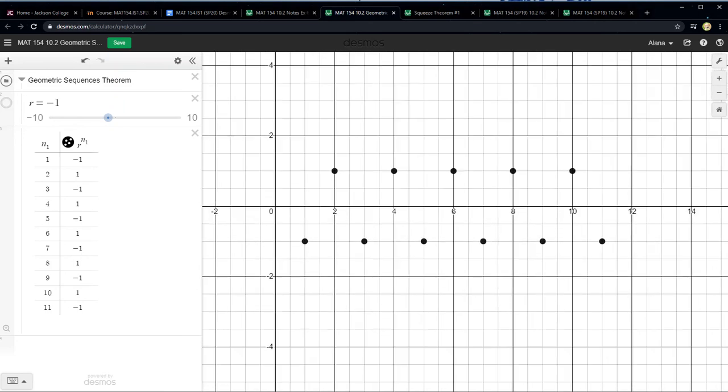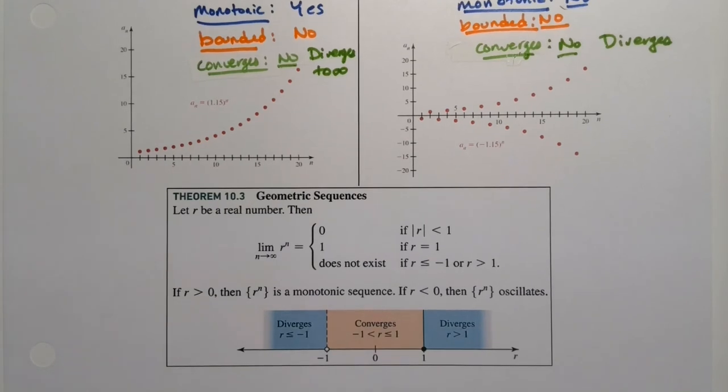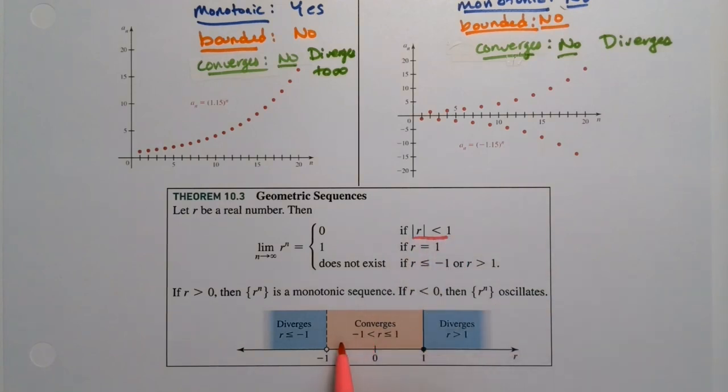All right, so we've learned some valuable lessons that we want to put into this theorem. Okay, so number 1, if r is between -1 and 1, that's what happens when the absolute value of r is less than 1. That means that -1 is less than r, which is less than 1.